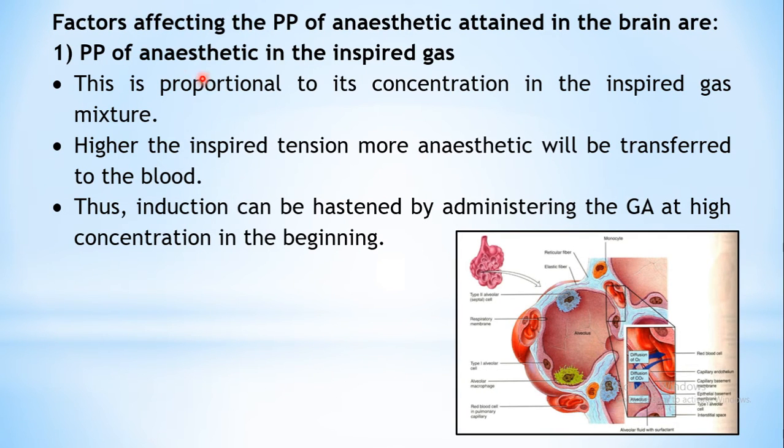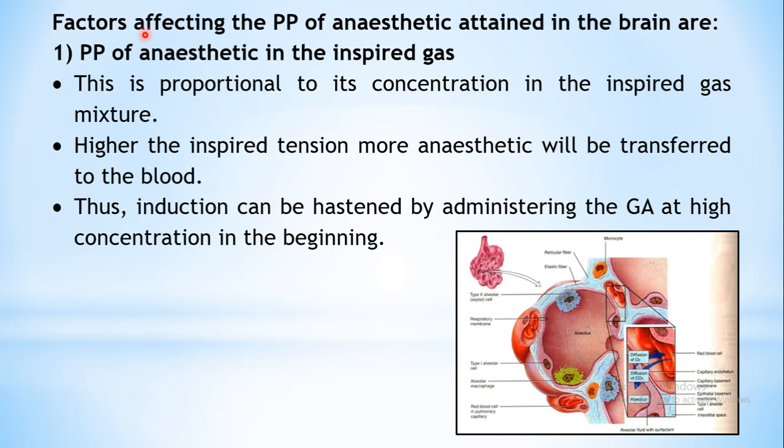Now let us see what the factors are. For the action of your general anesthetic, that is for the maintenance of anesthesia, the maintenance of partial pressure of the anesthetic in the brain is very important. So a particular partial pressure of the anesthetic in the brain must be attained and it should be maintained.